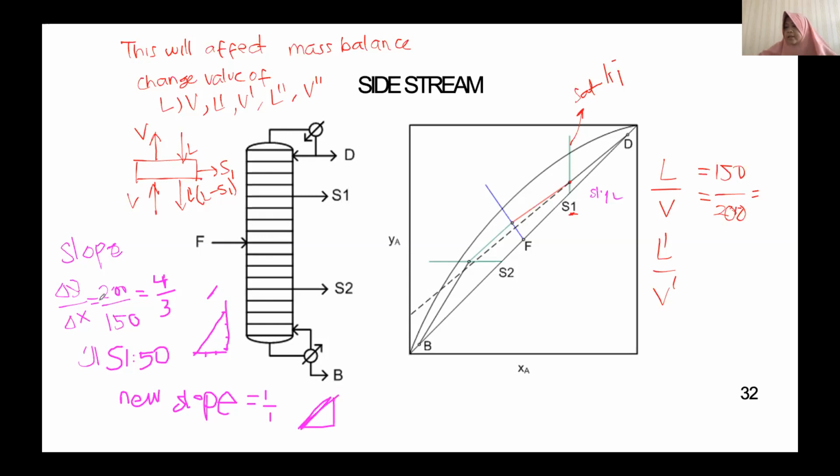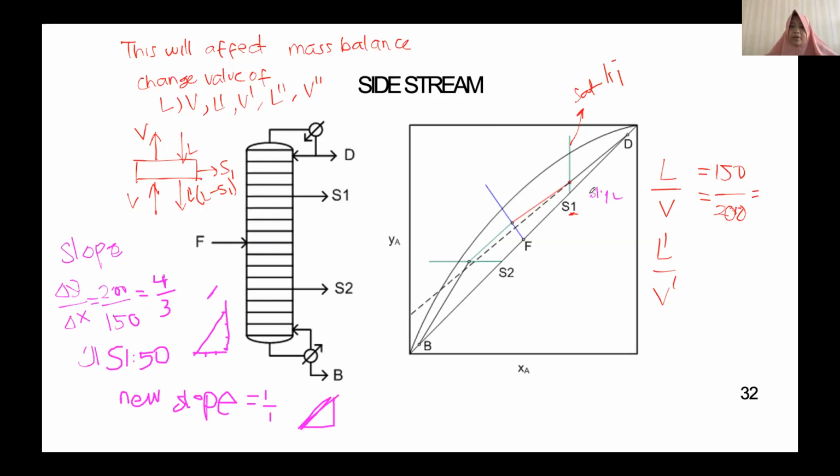So the slope is changing from very steep to a bit lower there. This one is steeper compared to this one. Yang ini lebih curam dibandingkan yang ini. Why?